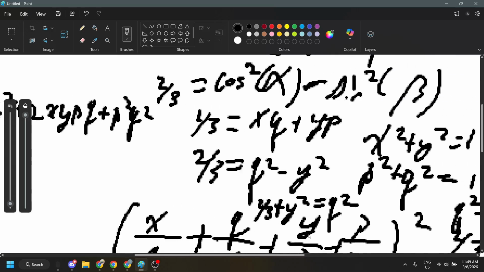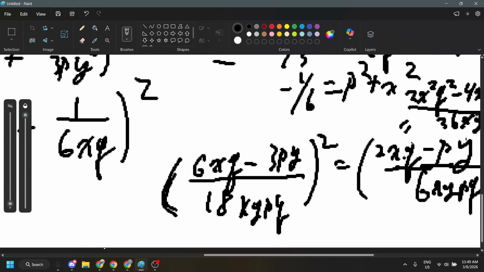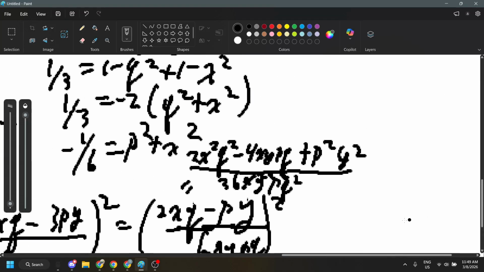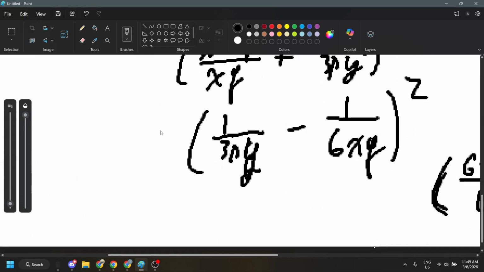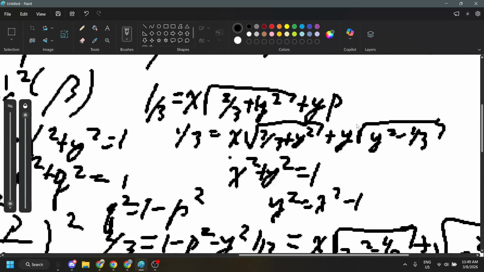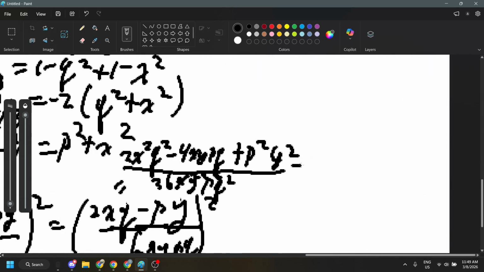So now, if we just didn't have the 2 here, we'd have a lot of what we need. I mean, I guess we do have a lot of what we need. This is equal to x squared q squared.